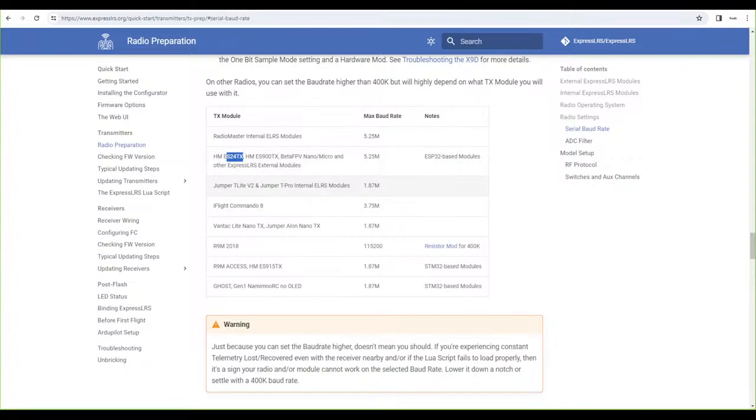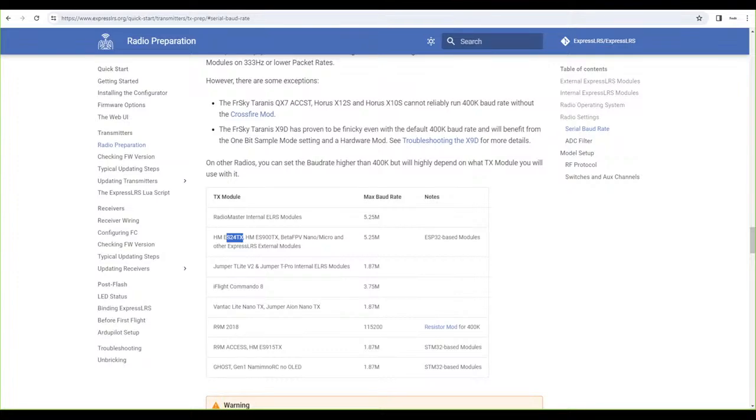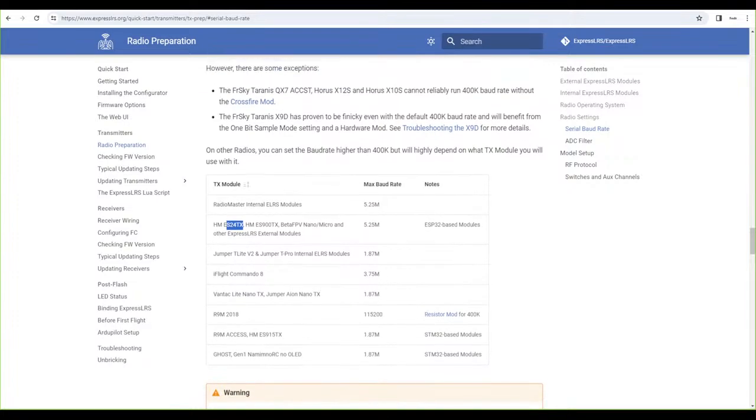But if you look at some of these other ones, like the Jumper T-Lite, and also when working with some of the 900 systems, even the R9, you can't use very much baud rate at all unless you do the resistor mod. Same with the Tyrannus series radios.